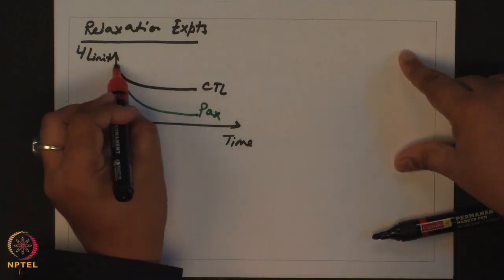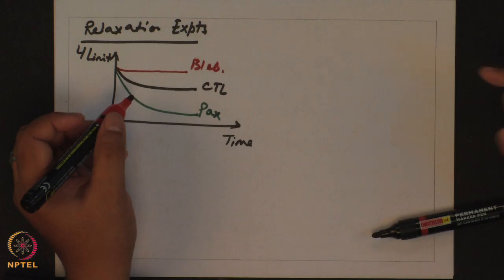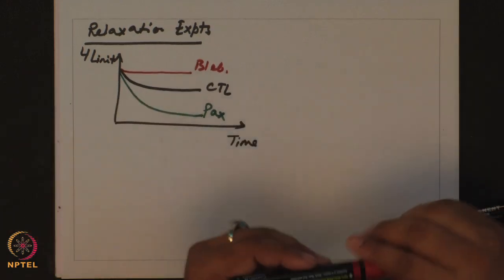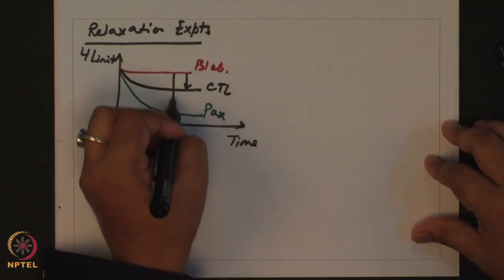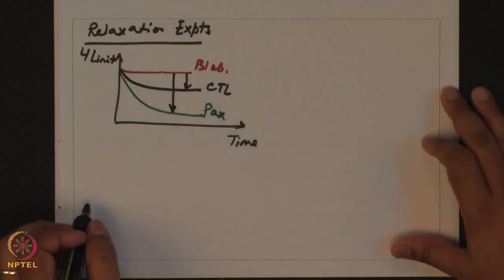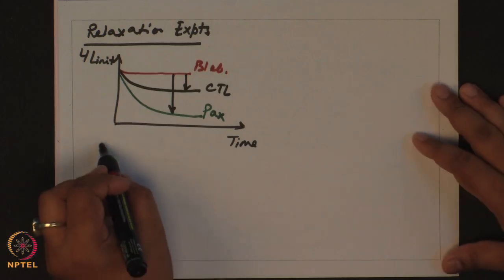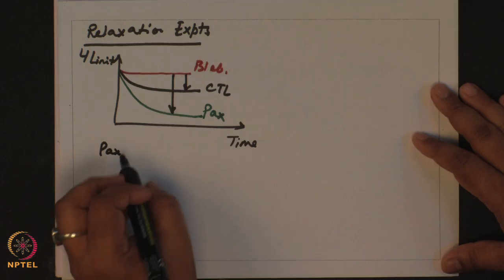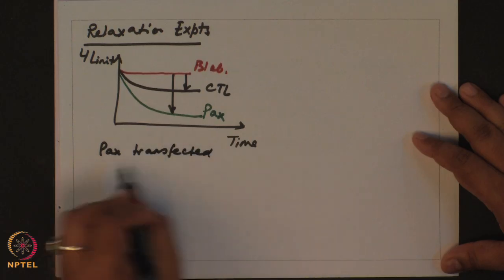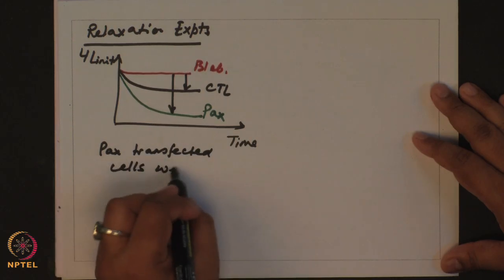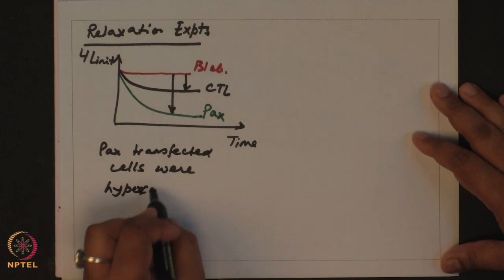When they treated with blebbistatin, this was negligible because blebbistatin relaxes all contractility. So, you can track this difference compared to blebbistatin, how much is the increase in this length. And what was observed was paxillin led to increased relaxation. So, paxillin transfected cells were hypercontractile.